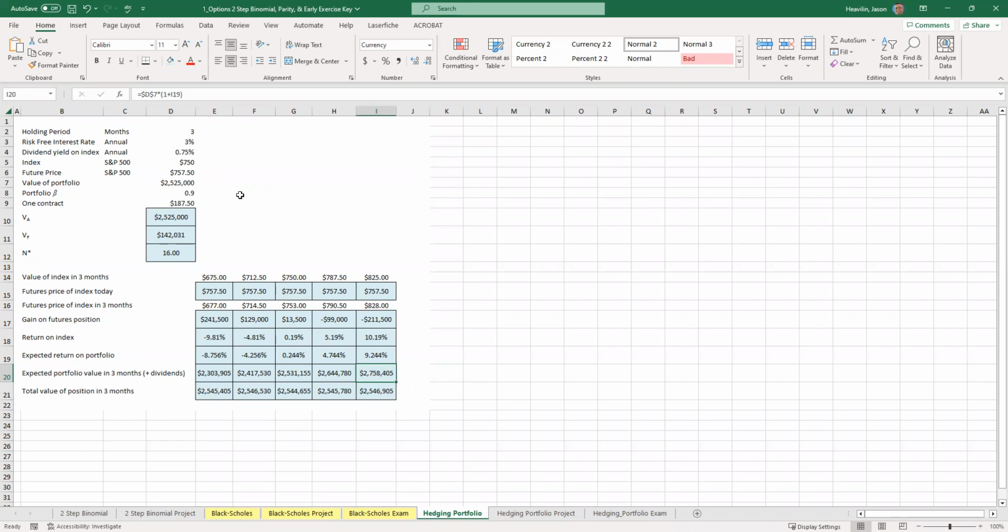Both of them clearly above 2,525,000. But because you're doing the hedge to protect your losses here, you have to give up these gains, or some of them at least. So when you take away the losses on the hedge, you're down to 2,545,000 and 2,546,000.